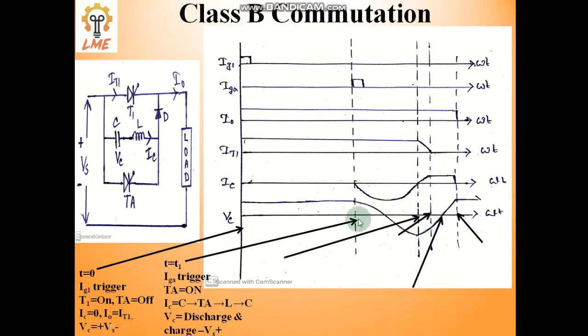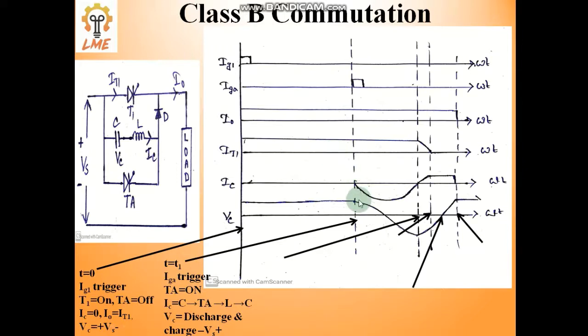Look here: the capacitor is now discharging, meaning this portion from here to here, where the left plate is positive and the right plate is negative. But after this zero crossing, the capacitor changes its polarity, so now its left plate is negative and the right plate is positive.